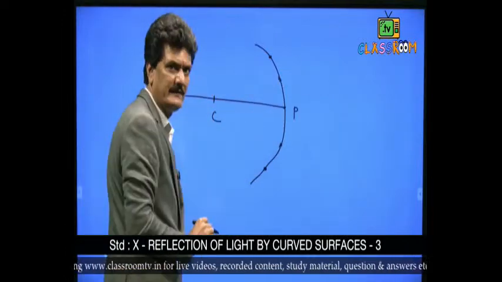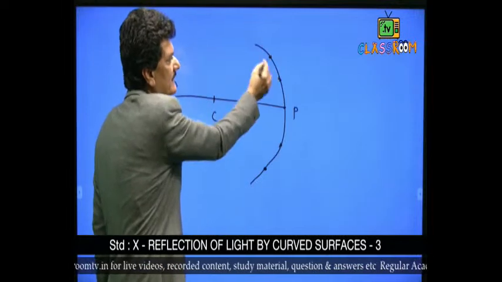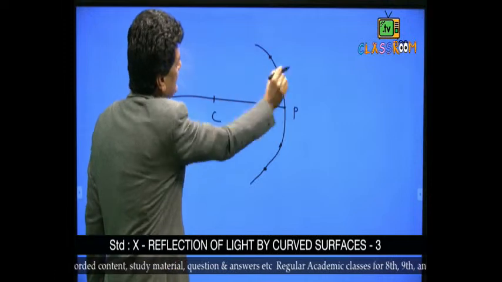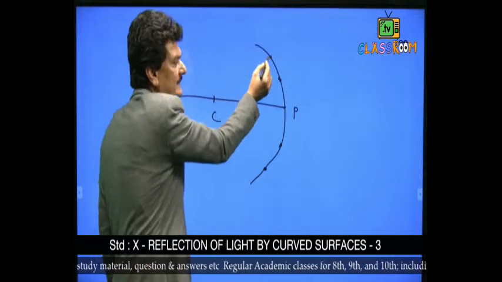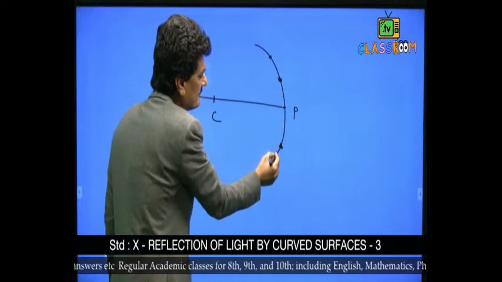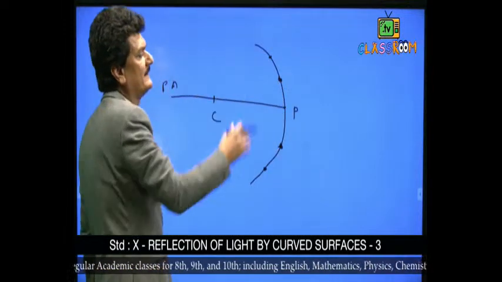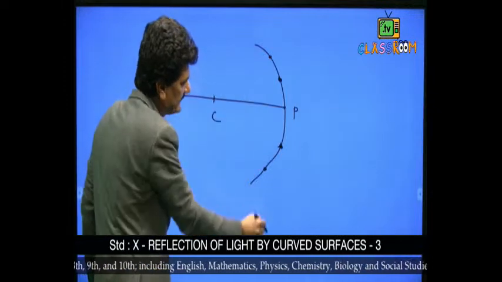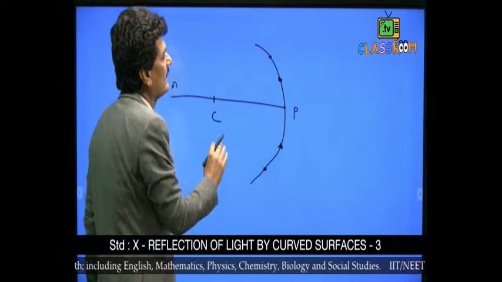Not even drawing the incident ray, this incident ray has struck here. Whatever direction, like this, whatever direction, but here the incident ray has struck. Here the incident ray has struck. At these 4 points, the incident ray has struck the mirror in whatever direction.